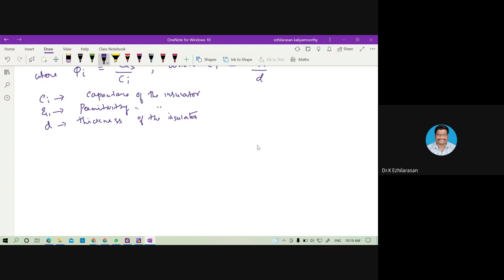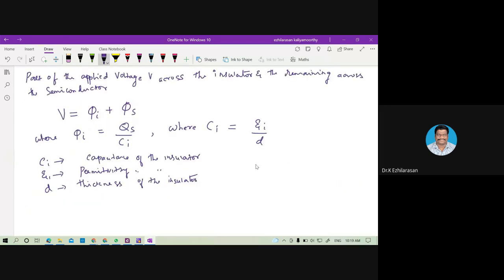Now substitute those things in this equation. Which equation? Consider the previous one, which I will take as equation number 12.